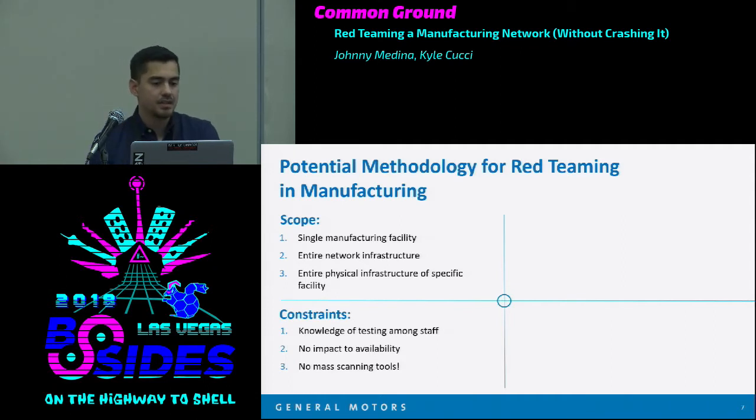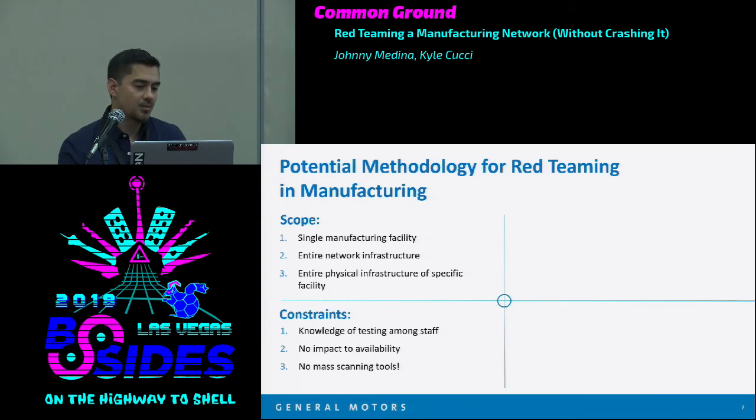So constraints: how do you communicate the testing to the facility, the people within the facility? Are they going to be aware of it? Typically in red teaming, they're not aware. It's testing active defenses, testing, for instance, your monitoring capability and maybe your physical security guards. Are they following the processes that you believe are in place?